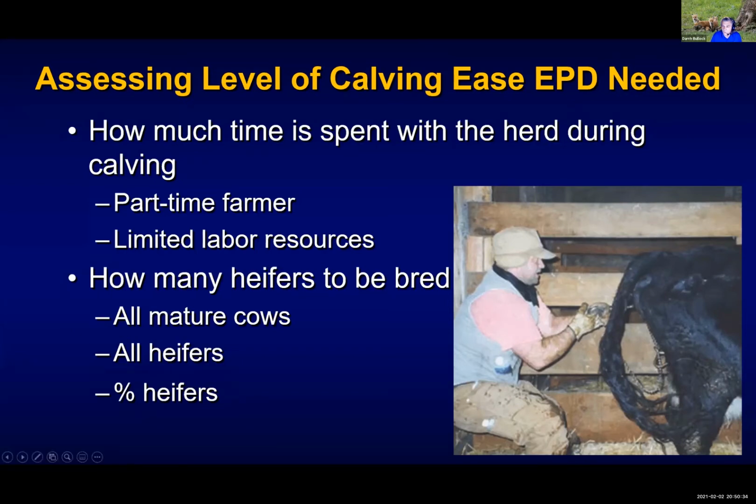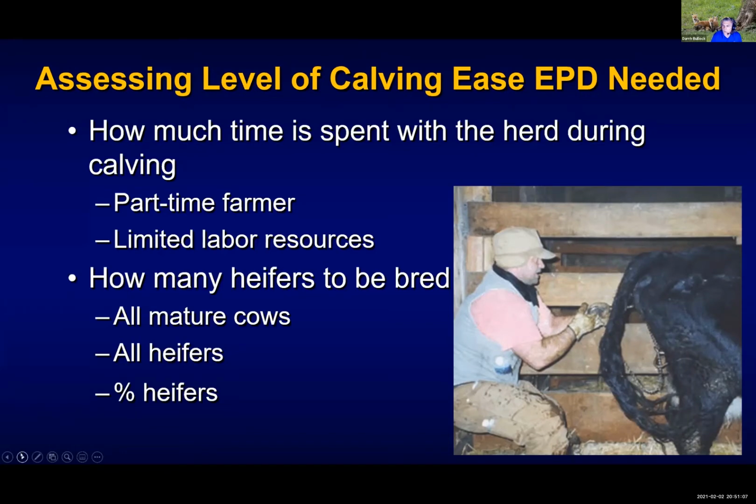But now if on the other end, 10 or 15 of those females are heifers, then you probably want to treat it a little closer to as if you were trying to buy a bull for all heifers. And so once again, we're trying to reduce our losses for the most part, by getting the right level of calving ease so that we don't have to assist, but don't have to give up too much production as well.